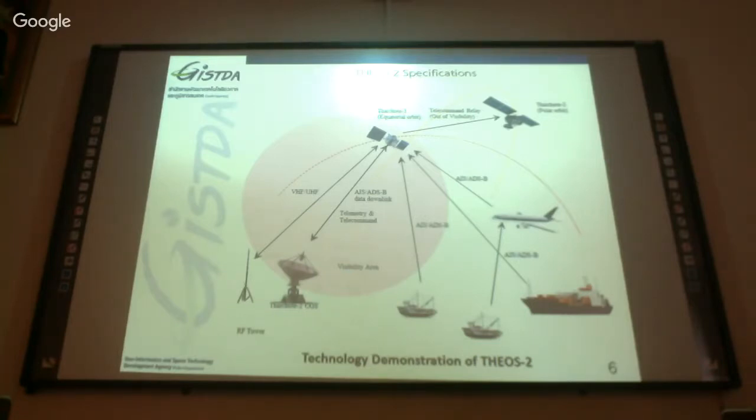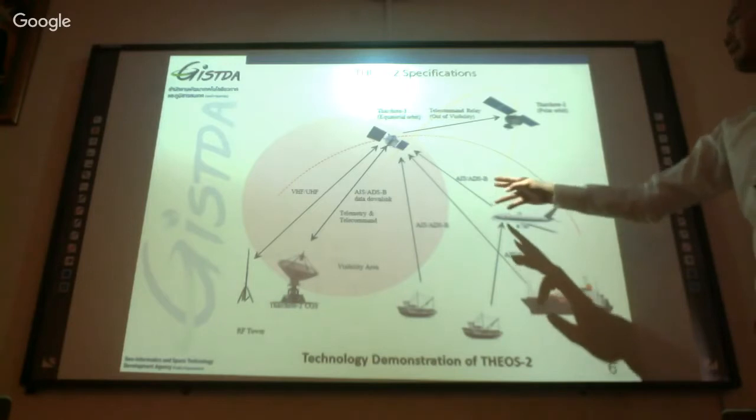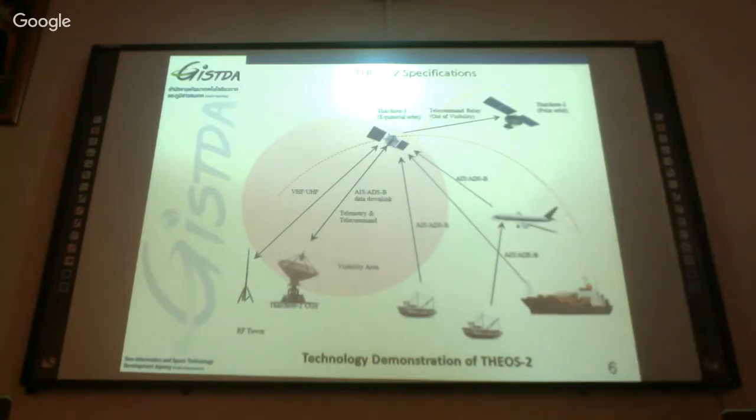This is our idea. Especially, we will use AIS and ADS-B to communicate and identify items on the sea or on the ground, and send the data to air traffic control also.